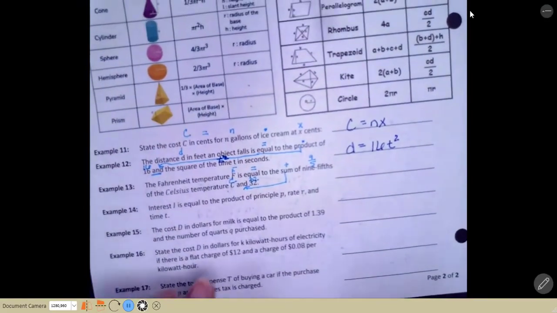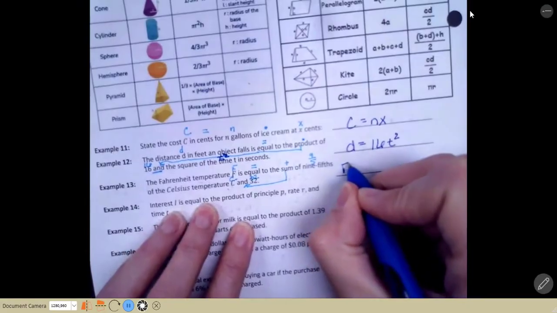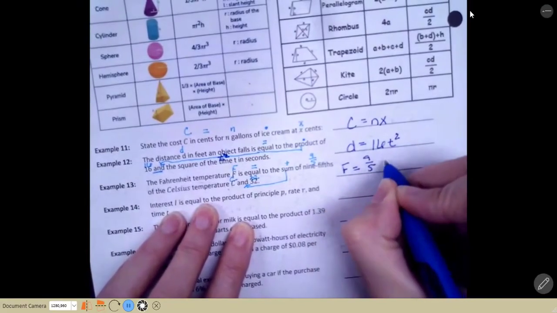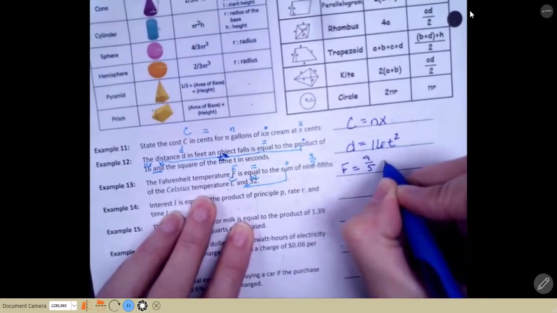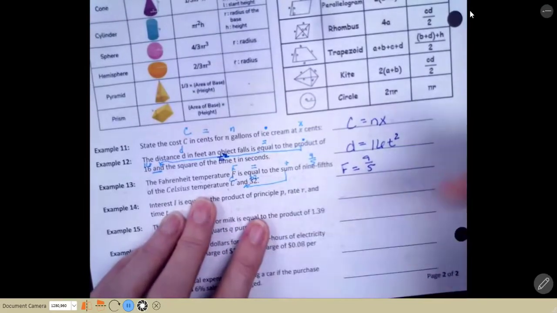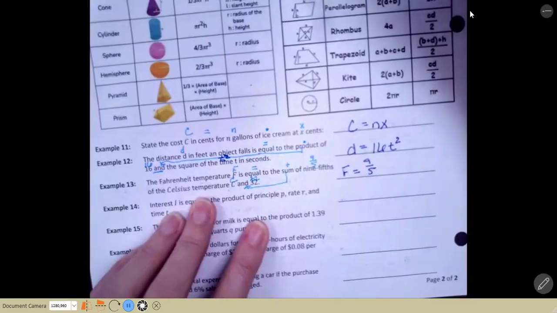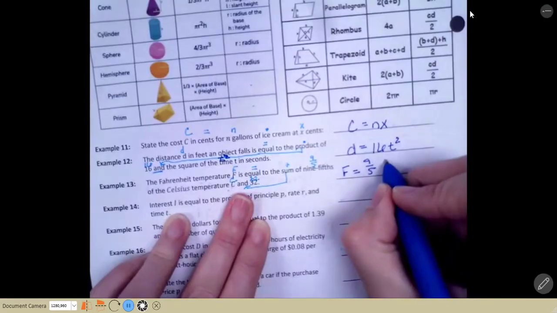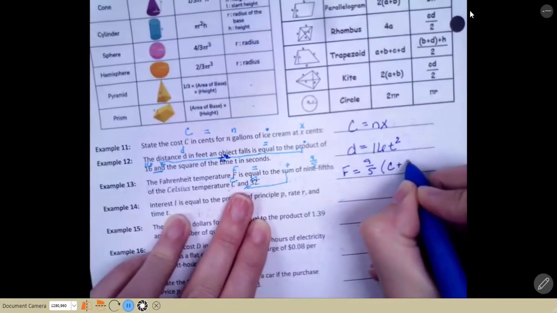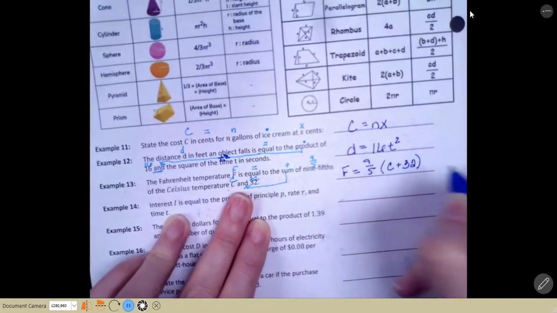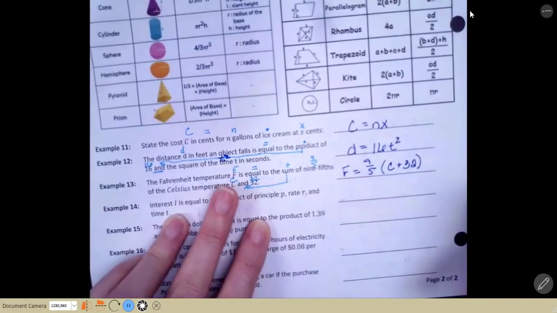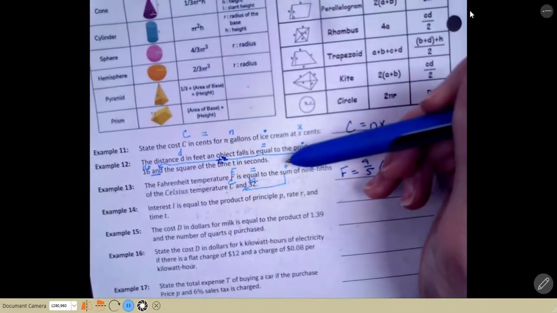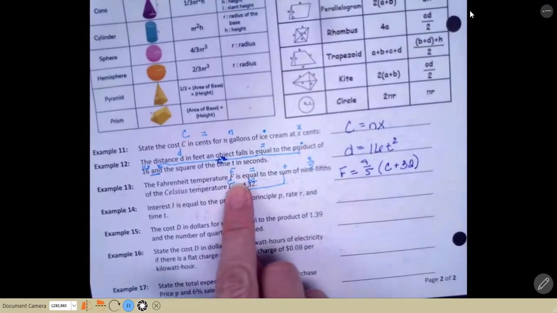All right, let's go ahead and write this out. Fahrenheit equals 9/5. Now, one other thing is that we have to put C and 32 in parentheses, because we're taking 9/5 times this sum.